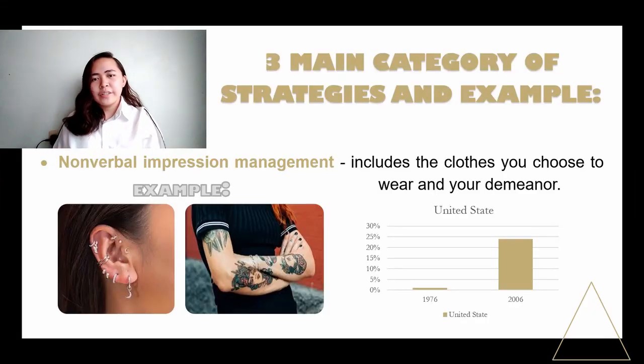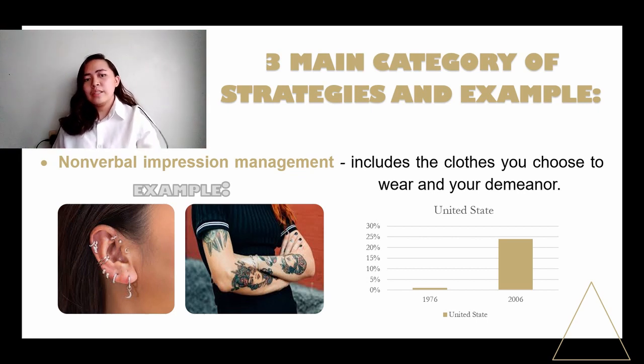So here are the three main categories of strategies and examples of each. First is nonverbal impression management. This includes the clothes you choose to wear or your demeanor. An example of a nonverbal signal is body art, including piercing and tattoos. While the number of people in the United States who have body art has risen from 1% in 1976 to 24% in 2006, it can hold you back at work.